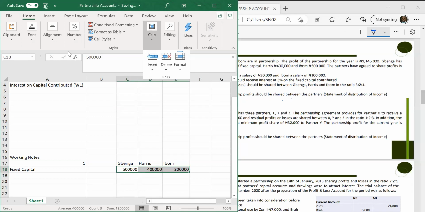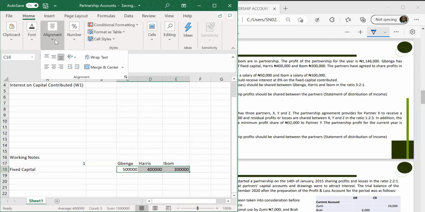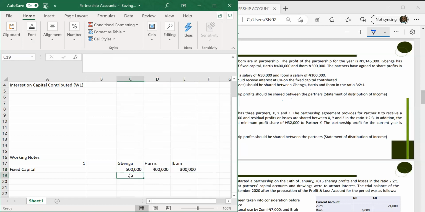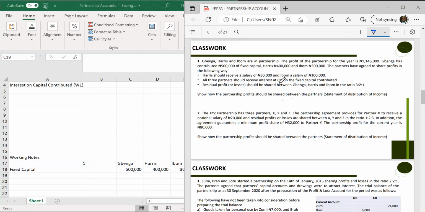You guys are almost at exam time, please. So how do you calculate it first? All three partners should receive interest at 8% on their fixed capital contributed. If I want to get interest on this, how do I calculate the interest? Please tell me.